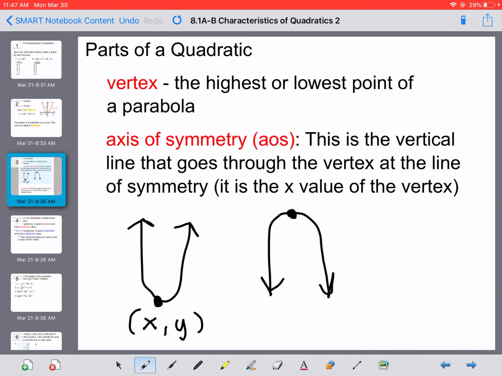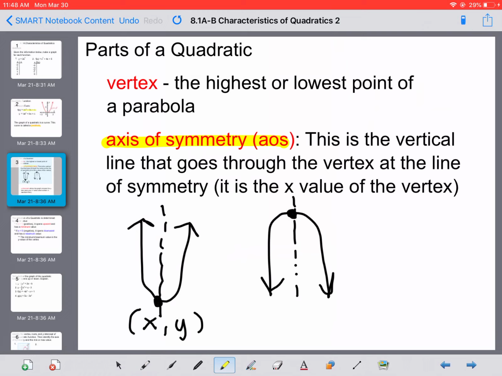What's interesting about the vertex is that it is the center. The shape of a U is symmetrical, because it's the exact same thing on both sides if I draw this dotted line here. That dotted line is called our axis of symmetry, which we will refer to as AOS, instead of writing out all the words.